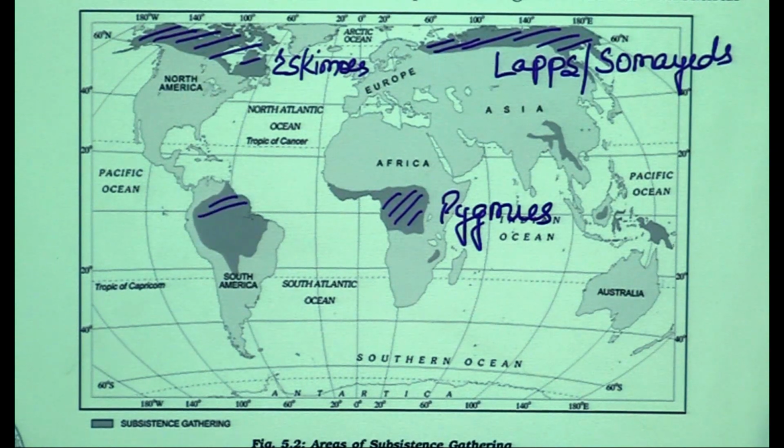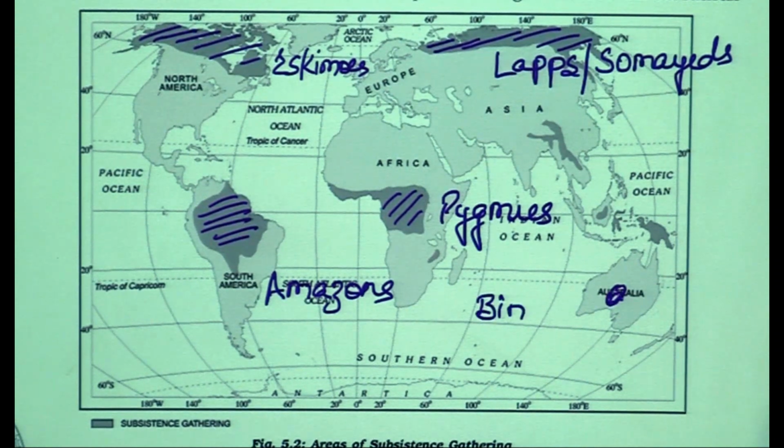We identify it in Amazon Basin of Brazil. Amazons are considered to be the primitive hunting gathering population. Similarly, in Australia, though area is very small, it's largely in south central Australia, we are talking about Bindibus. Bindibus are also considered to be aborigines.